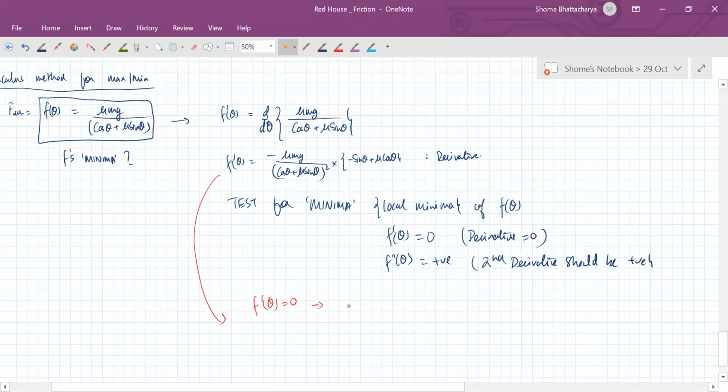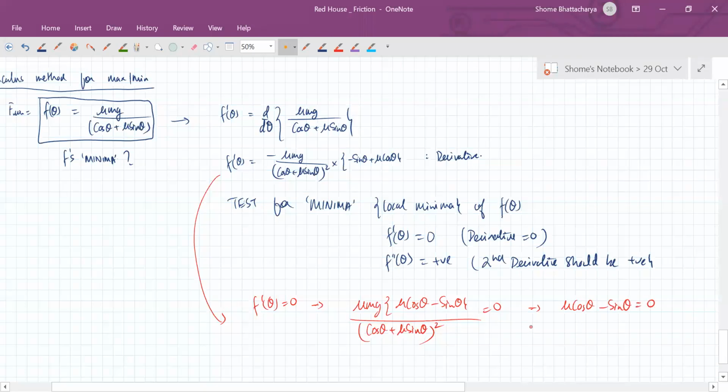So you can see that mu mg into (mu cos theta minus sin theta) upon (cos theta plus mu sin theta) whole square should be 0. So that tells you that mu cos theta minus sin theta should be 0.